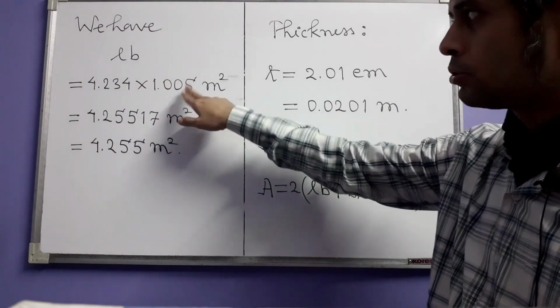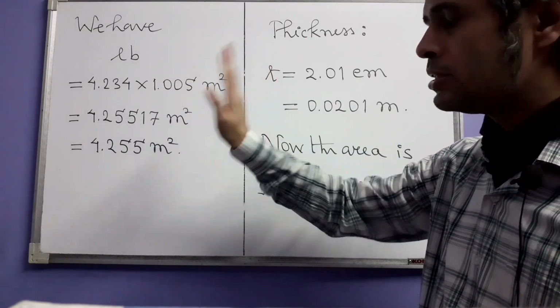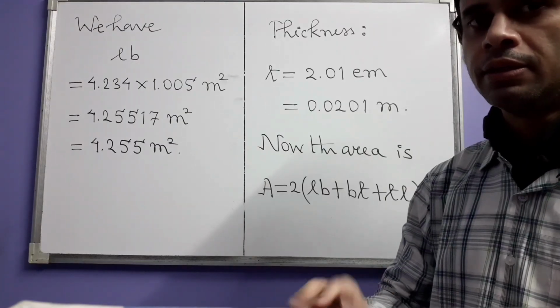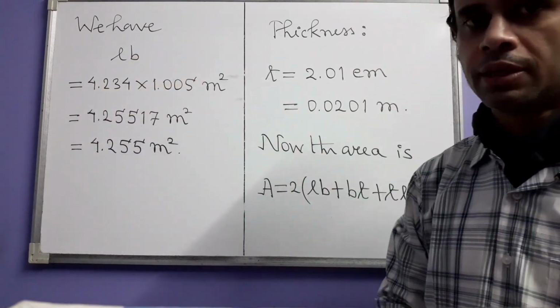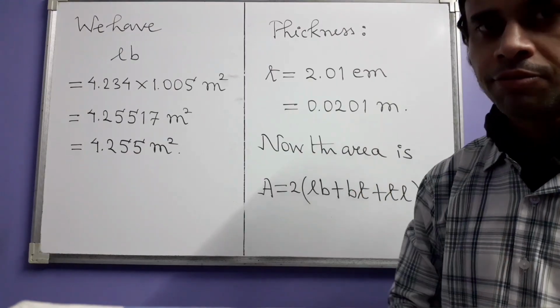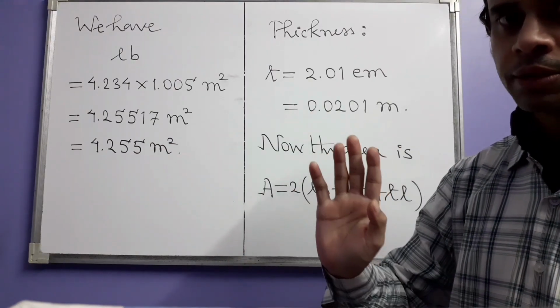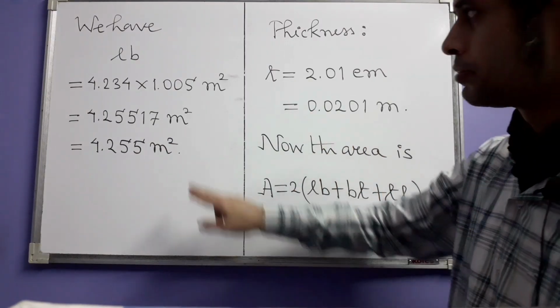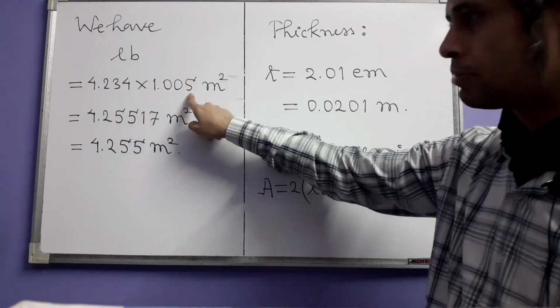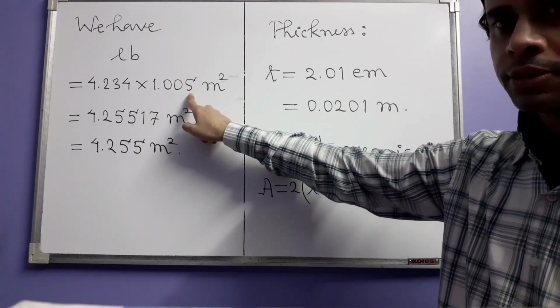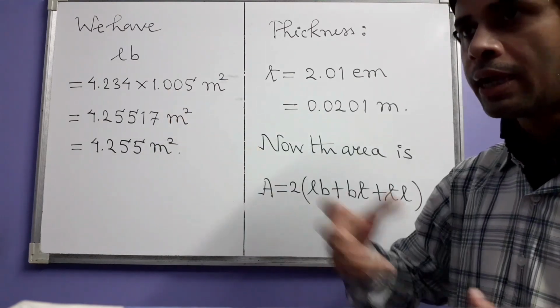Here you have 2 measurements. How many significant figures are there in each one of them? Here there are 4 significant figures in the length value, because all 4 of them are non-zero digits. Here also there are 4 significant figures. 1 and 5 are significant because they are non-zero, and these two zeros are captive zeros.